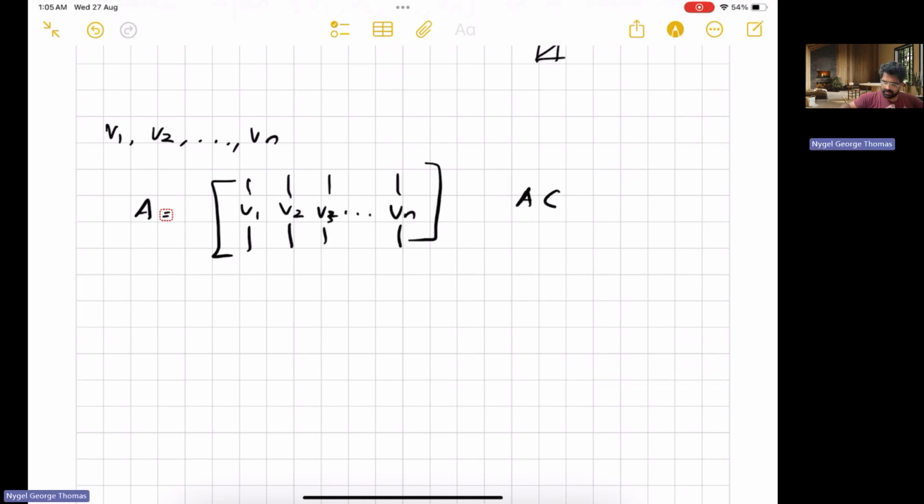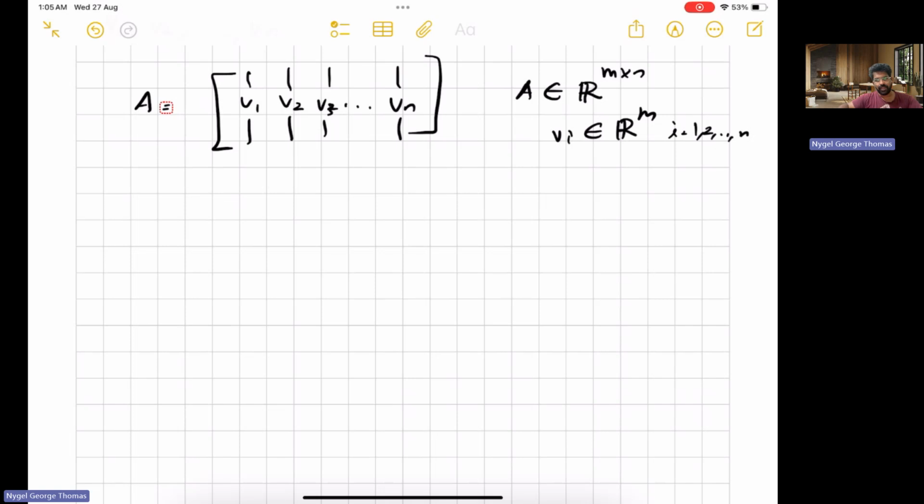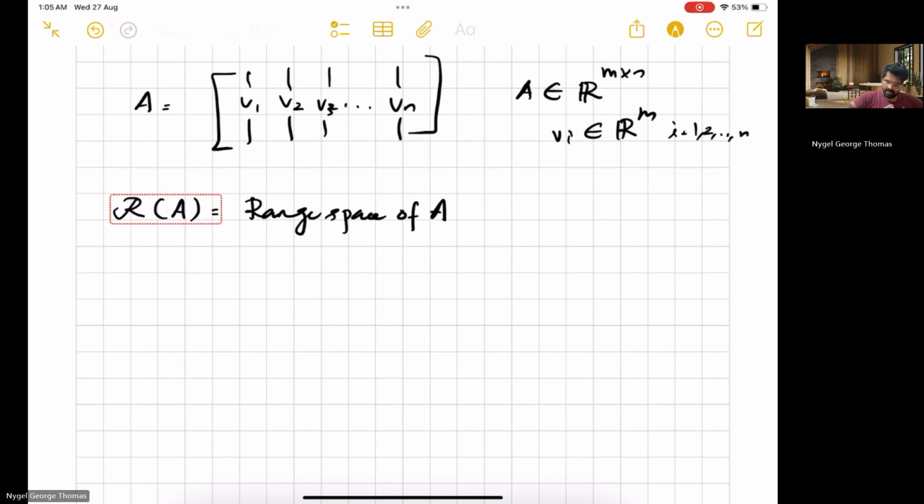It is A belongs to R^(m cross n), where each vi is an m-dimensional vector where i varies from 1 to n. Now, instead of writing the span, we can also write this as the range space of A, or it's also known as the column space of A.